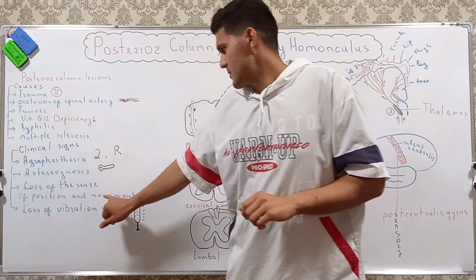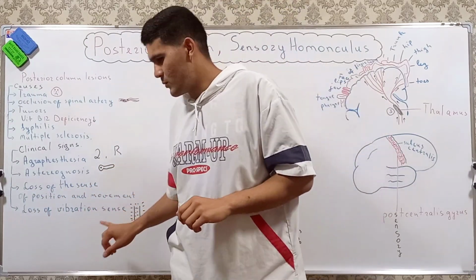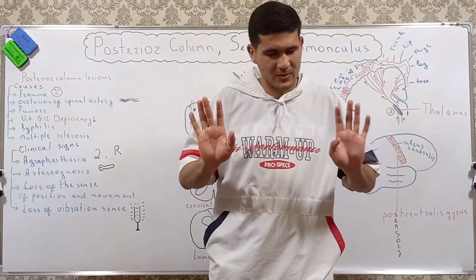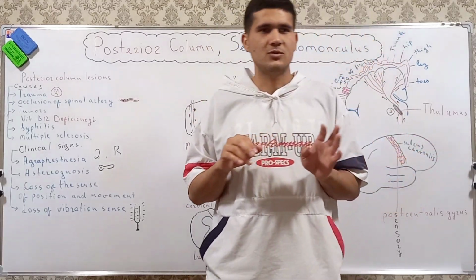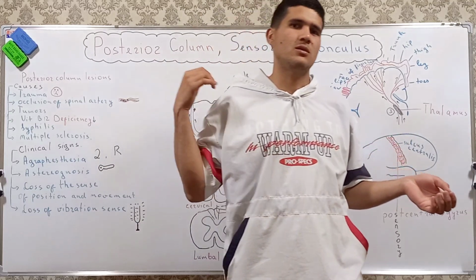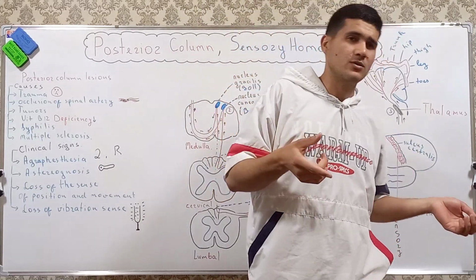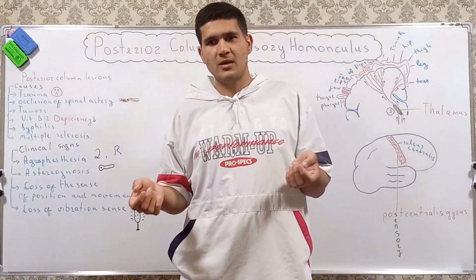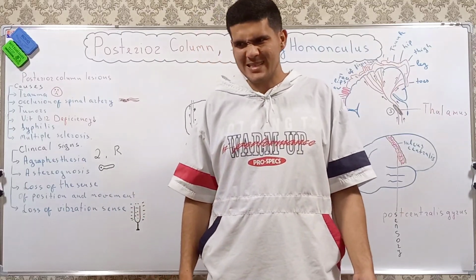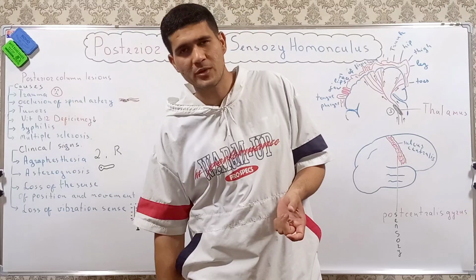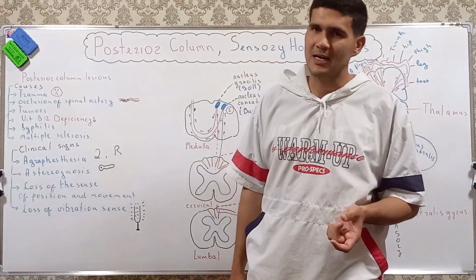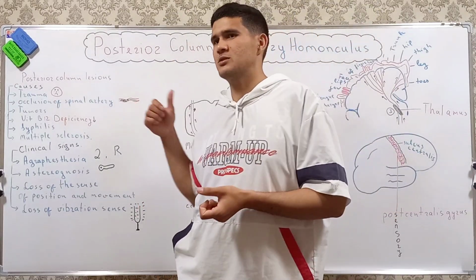Next one is loss of the sense of position and movement. When you ask the patient to close their eyes, the patient begins to sway rightward, forward or backward, or may fall down. That is the loss of proprioceptive information from these proprioceptors to the hemispheres.